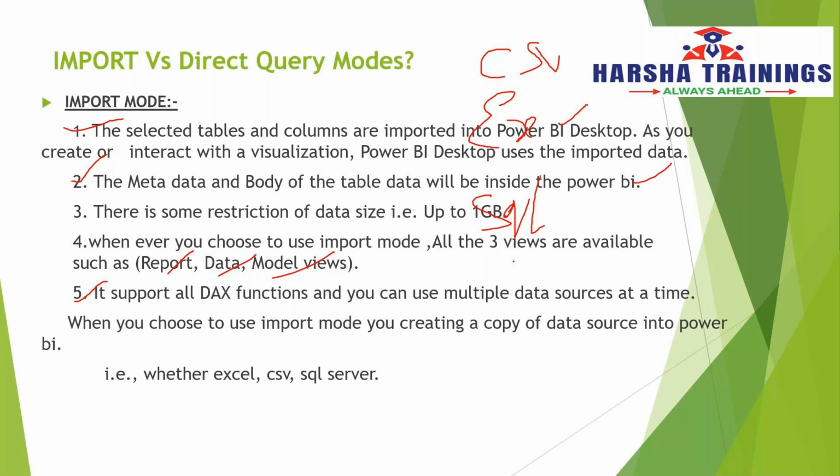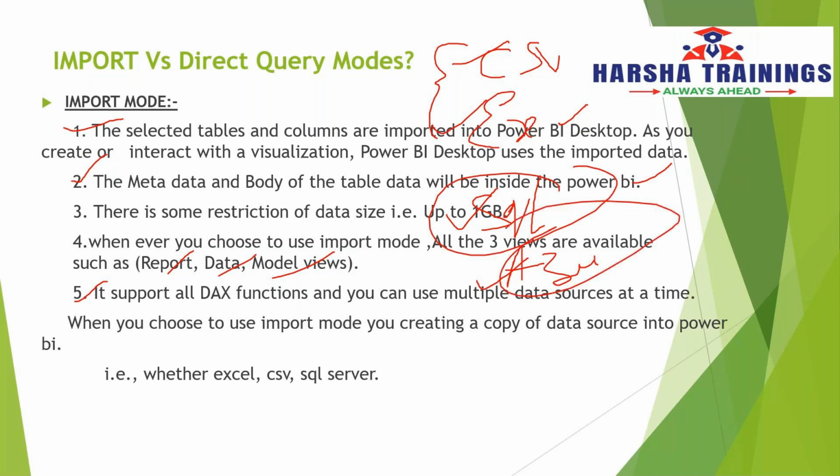So how many are there? Four. In the CSV file I have one data set, in the Excel file one data set, in SQL one data set, and in Azure also one data set. If you observe, we have two flat files, one database, one cloud. Right? Yes or no?